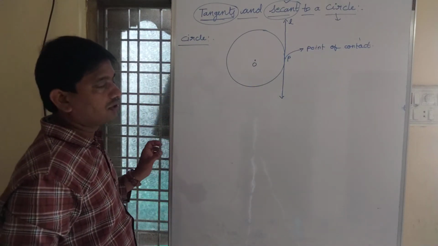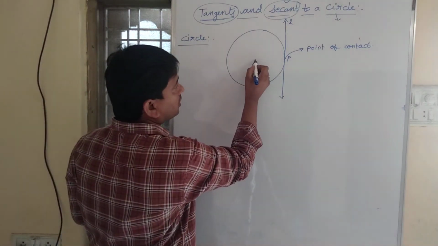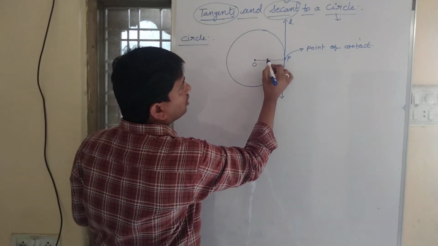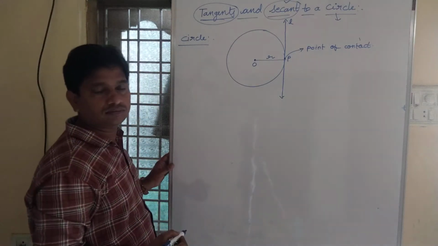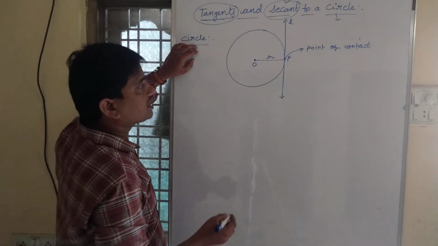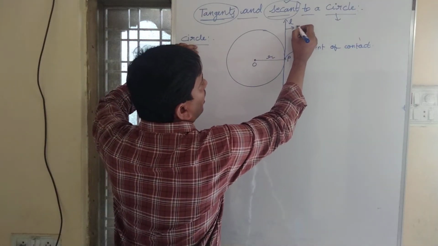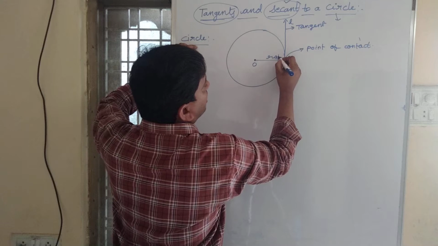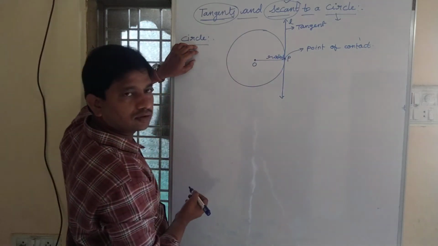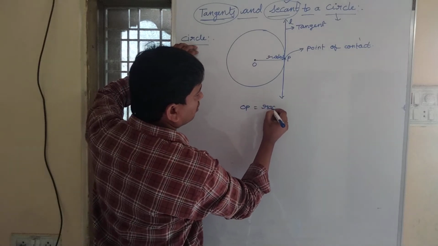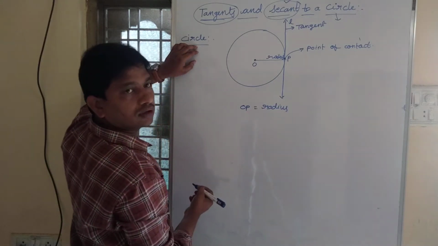Right? Children, we know that the distance from the center to any point on a circle is called the radius of the circle. Yes, radius of the circle. And this is, as we know, our tangent, and this radius OP is the radius.